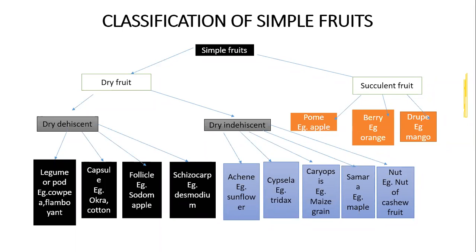Now this same legume, when the fruit is matured, can split along each end of the fruit. Now this end of the fruit is what we refer to as line of weakness. So this line of weakness exposes the fruit to be able to split open.